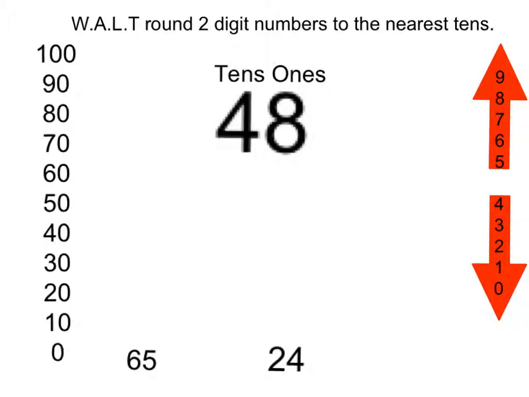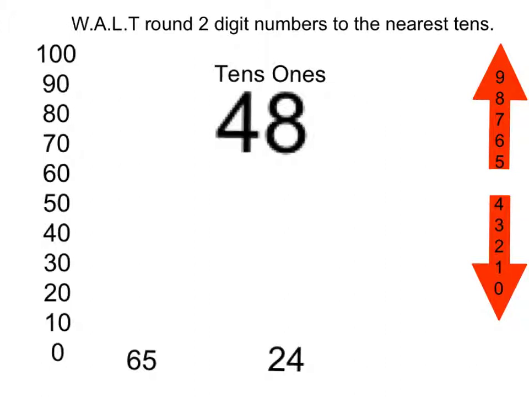Now that's one way of doing it, just working out which one it's closest to. But if you look at these arrows I have down here, there are two arrows. The first arrow is pointing up, and inside the arrow we have the numbers 5, 6, 7, 8 and 9. What that means is that if the number in the ones place is one of these numbers, we always round up.